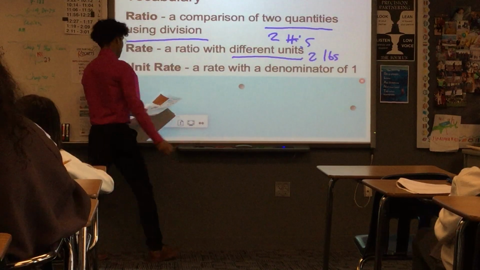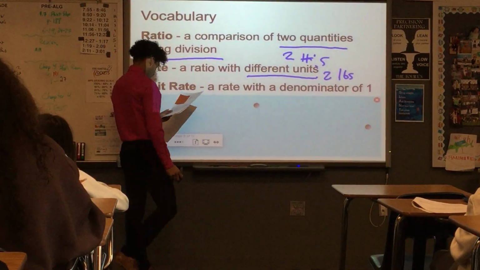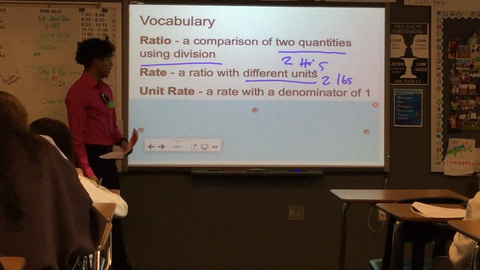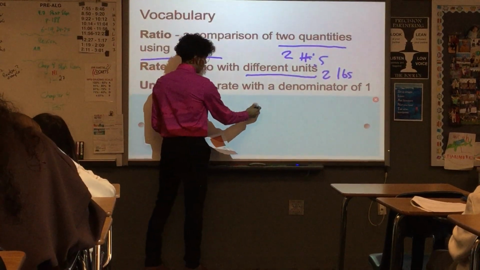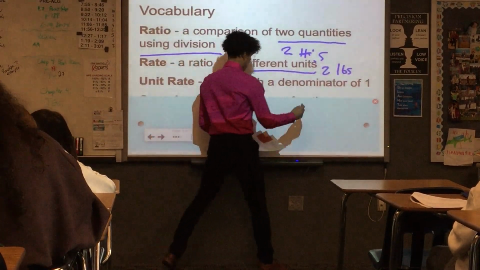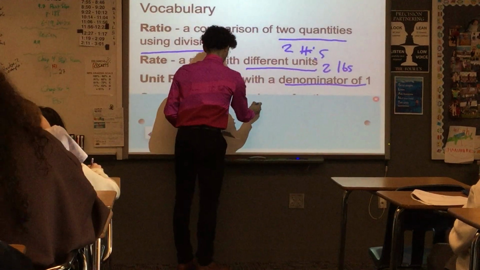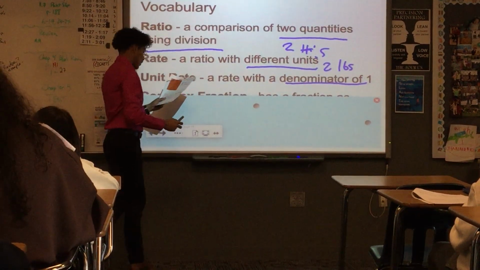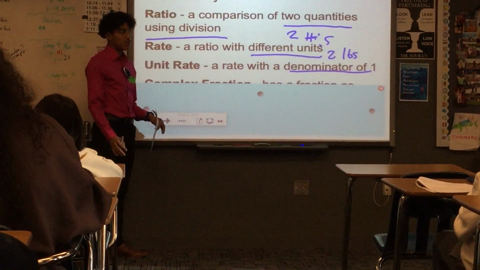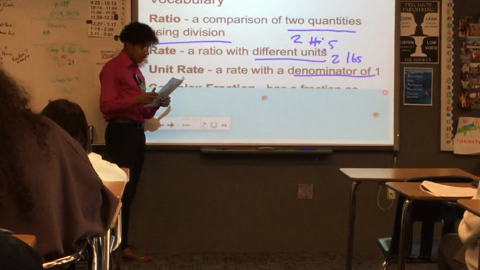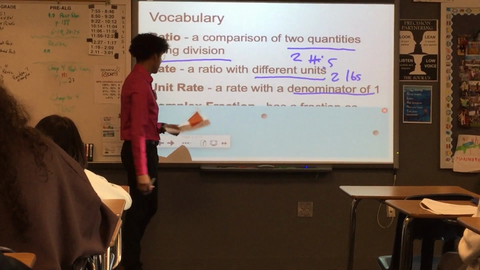Then we're going to have unit rate. A rate with a denominator of 1. So that could be anything from money per hour, miles per hour, or words per minute.